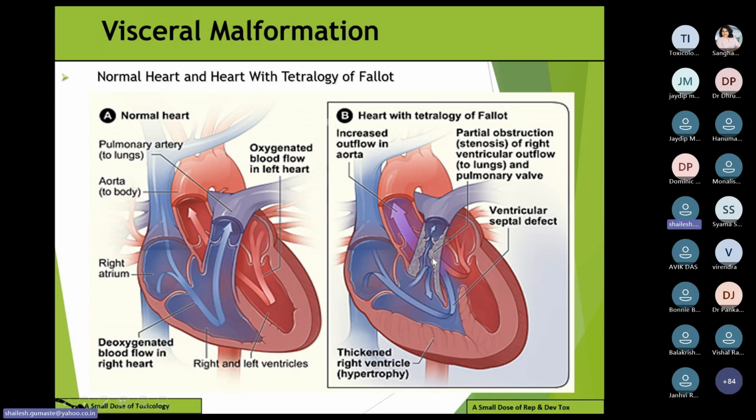Second, pulmonary stenosis, narrowing of the pulmonary valve or main pulmonary artery. Third, right ventricular hypertrophy, thickening of the muscles in the right ventricle. Fourth, overriding aorta: the aorta is positioned over the ventricular septal defect, allowing oxygen-poor blood to flow into the aorta.